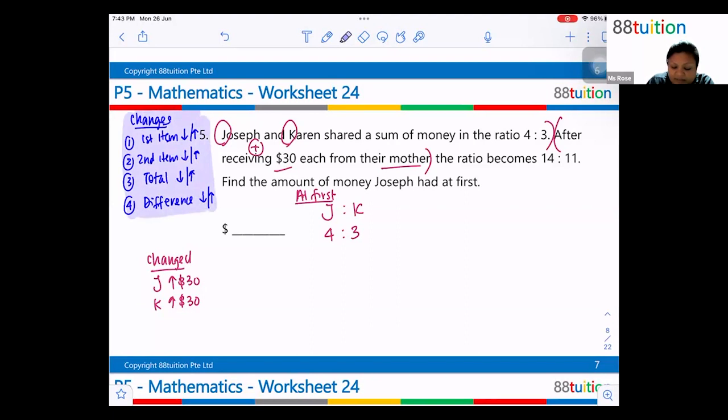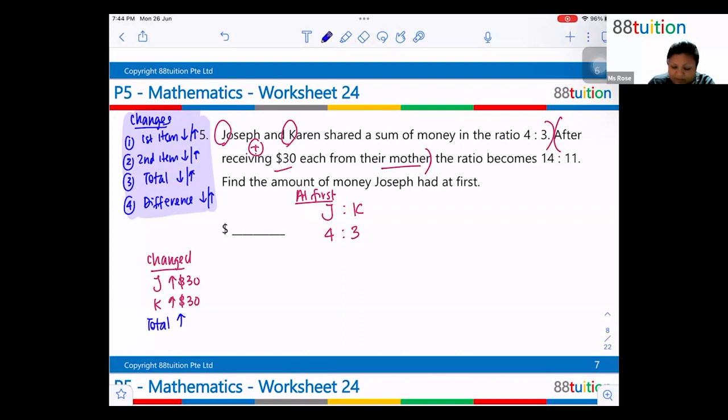Besides the first item, second item, what other things increase? They receive money. Yes, thank you, Shambhavi. Okay, so the total between them would also increase.